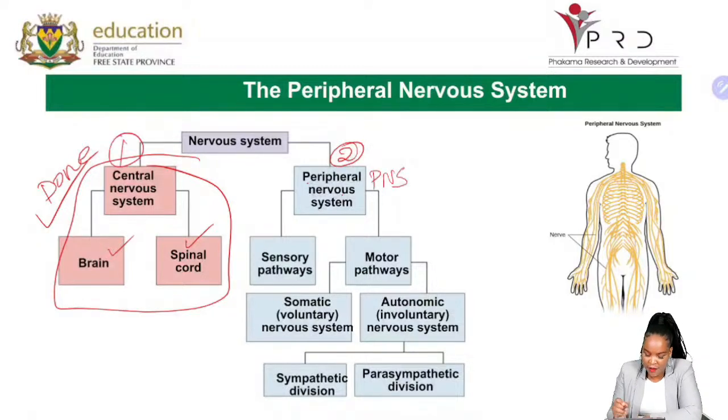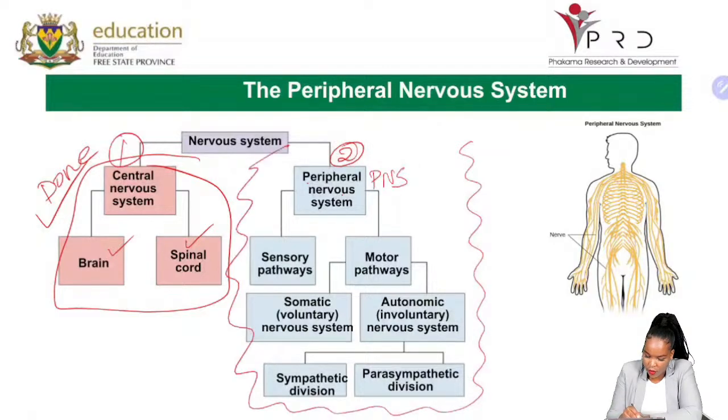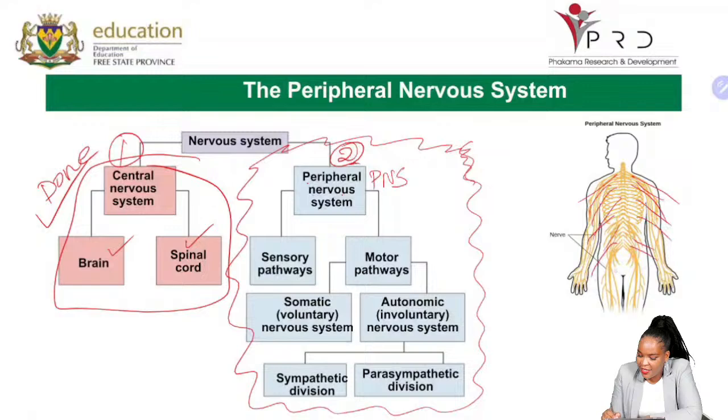Now, the peripheral nervous system, we are now doing the second one, is depicted in this picture here. If you see this picture, it is all the nerves that are on the side, leaving your central nervous system to go to all parts of your body.